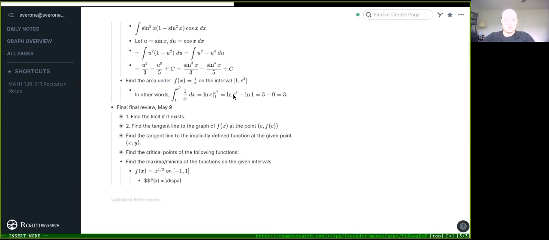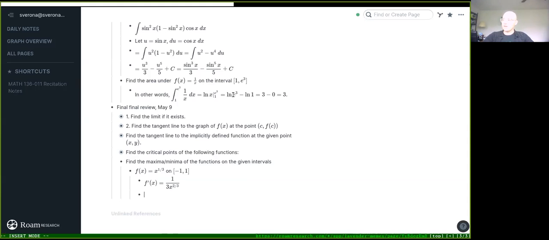So I'm just going to say here that by the power rule, my derivative is going to be 1/3 x to the -2/3, so in other words, 1/3 x to the -2/3 is really what that is.